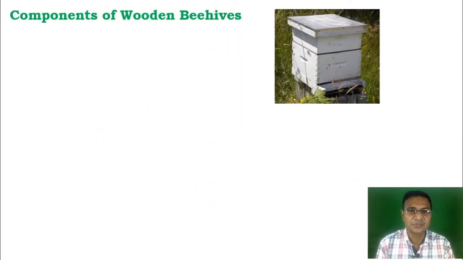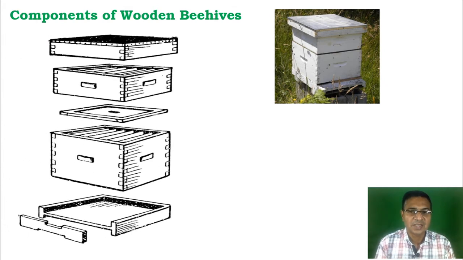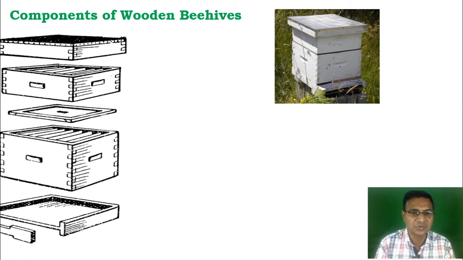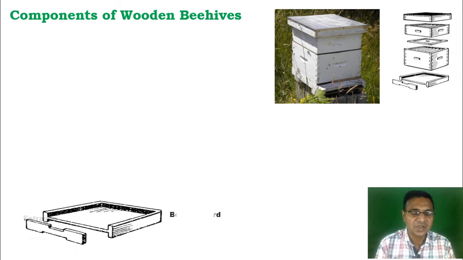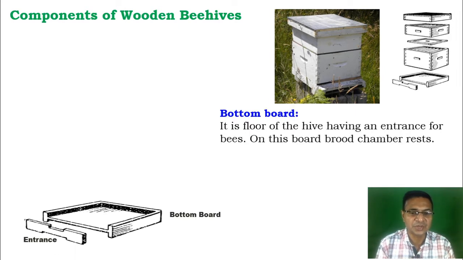This is the hive, where a number of components are present, internal parts or compartments. Step by step, we focus here. First, at the basal position, the bottom board is present. It is the floor of the hive, having an entrance for the bees.